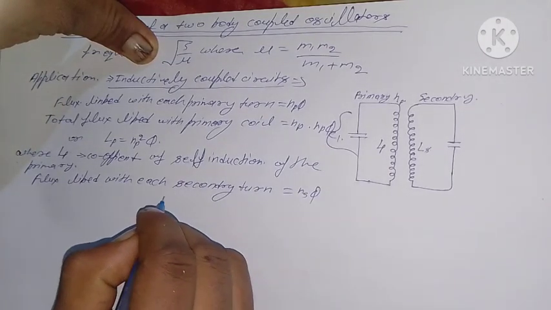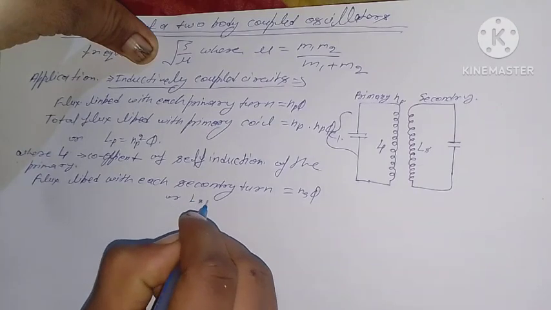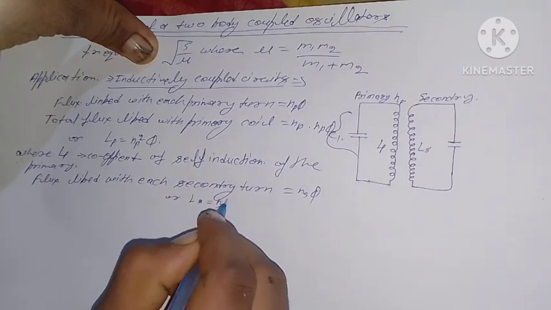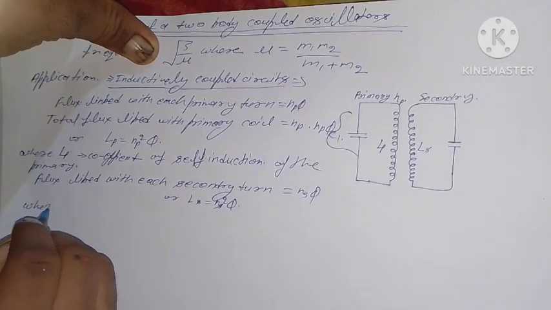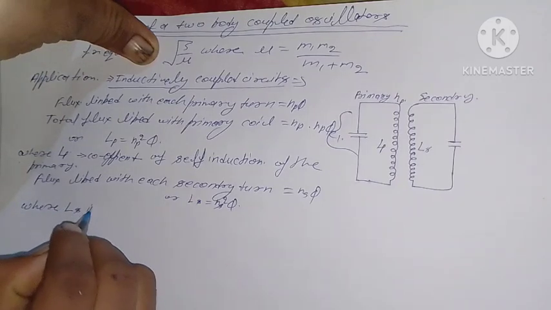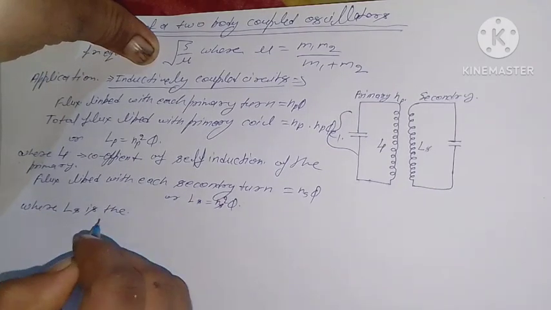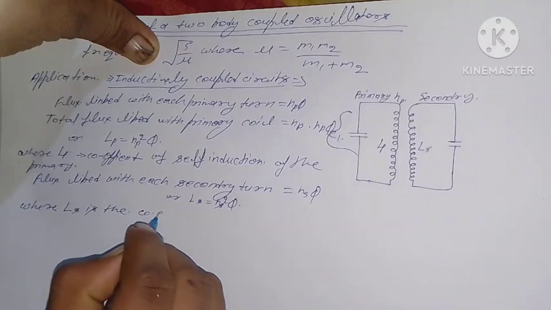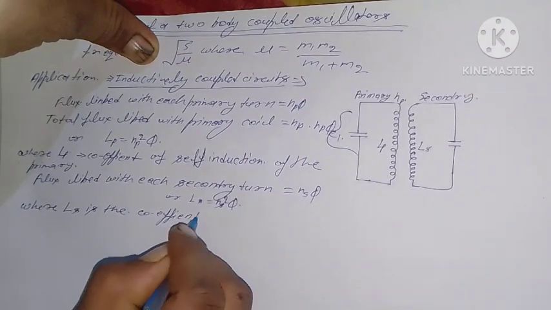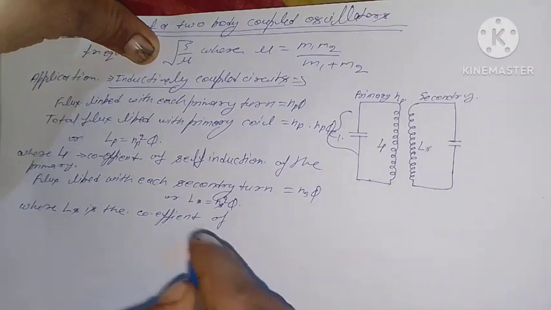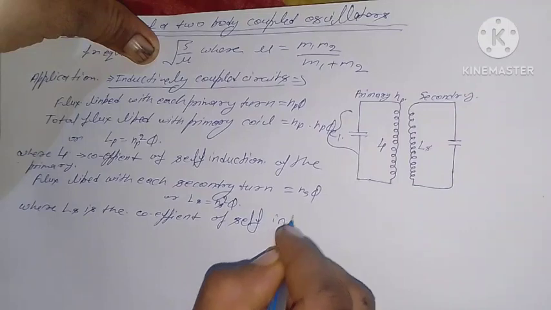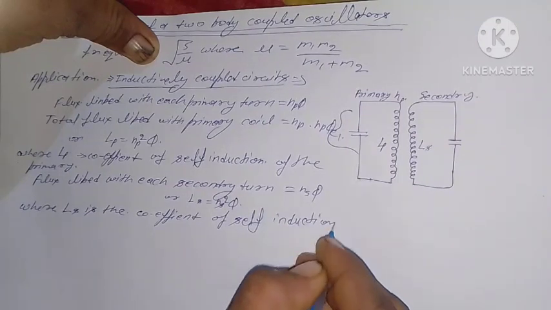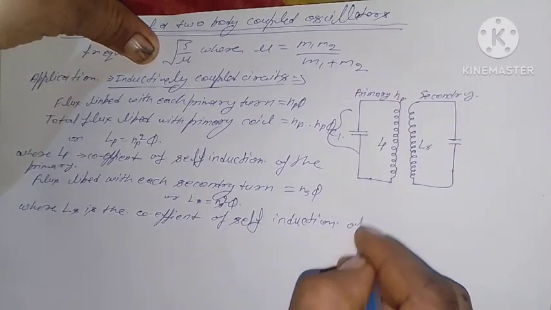That is, LS equals NS square phi, where LS is the coefficient of self-induction of the secondary.